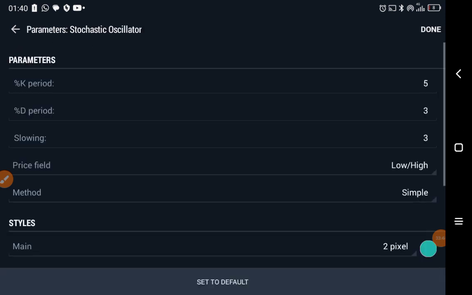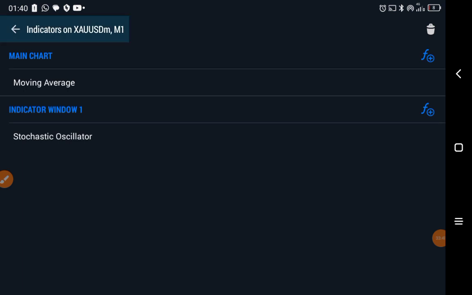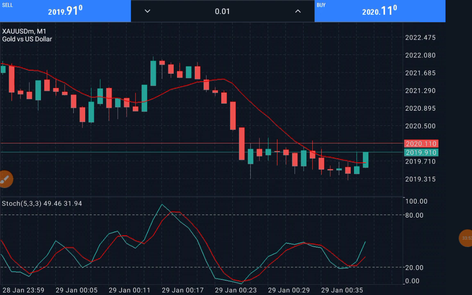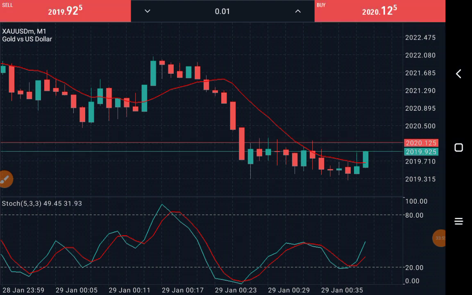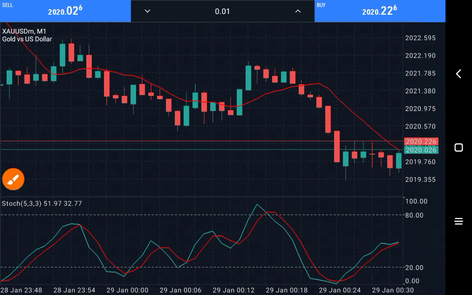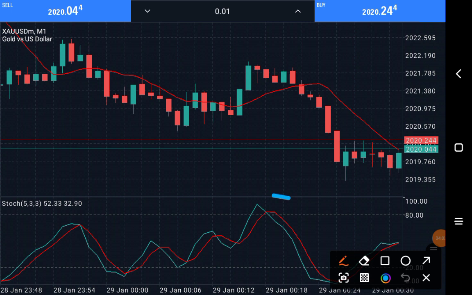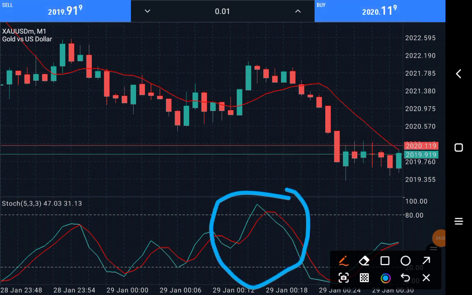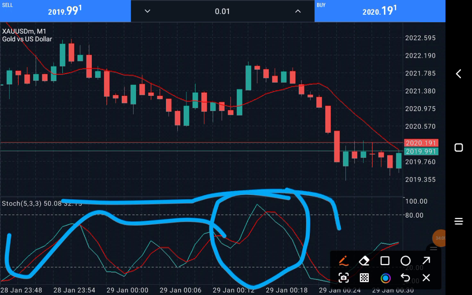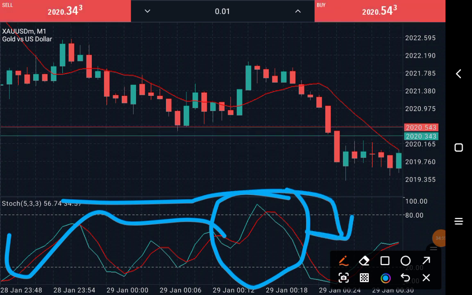Now, this is the stochastic oscillator, this one here. Yes, I know some of you have seen it. This line from here downward, that is the stochastic oscillator.